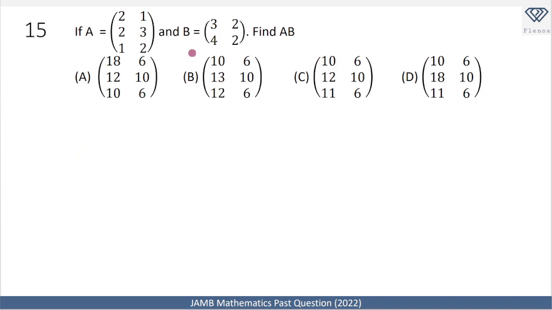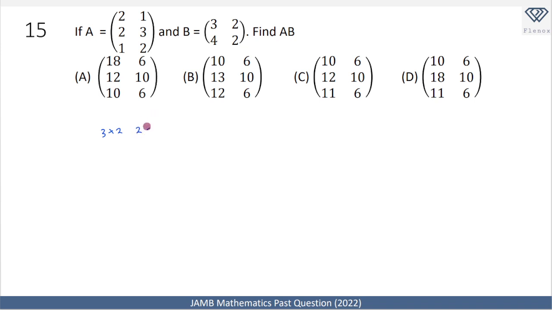So let's move on to the next question, which is classic matrix multiplication. We're going to multiply this matrix. Now the first matrix A is a 3 by 2 matrix, and matrix B is a 2 by 2 matrix.